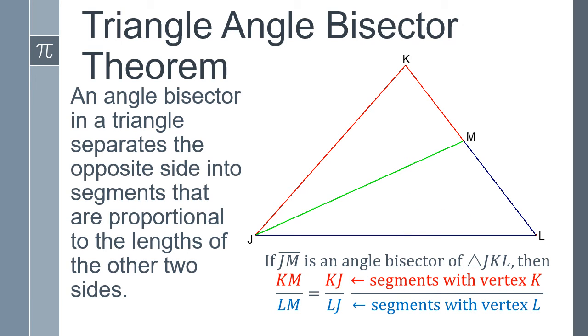So if we take a look here, I've got an angle bisector here and here. So what that says is the relationship of this length to this length, KM over KJ, and that's true.